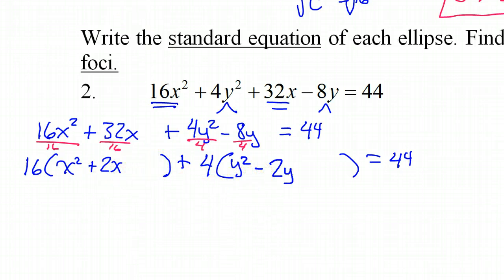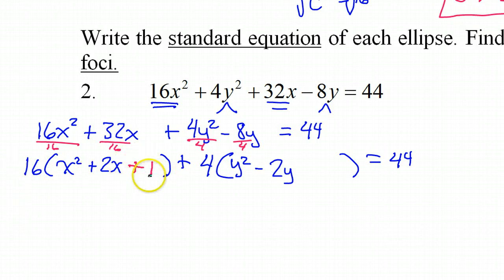Now I complete the square, but I must be very, very careful. If I take half of 2, I get 1. 1 squared is 1. Now normally I would say we added 1 over here, we have to add 1 over here as well. But no. I do need to add something over here, but it's not 1. The reason is because of the 16 in front of the parentheses.